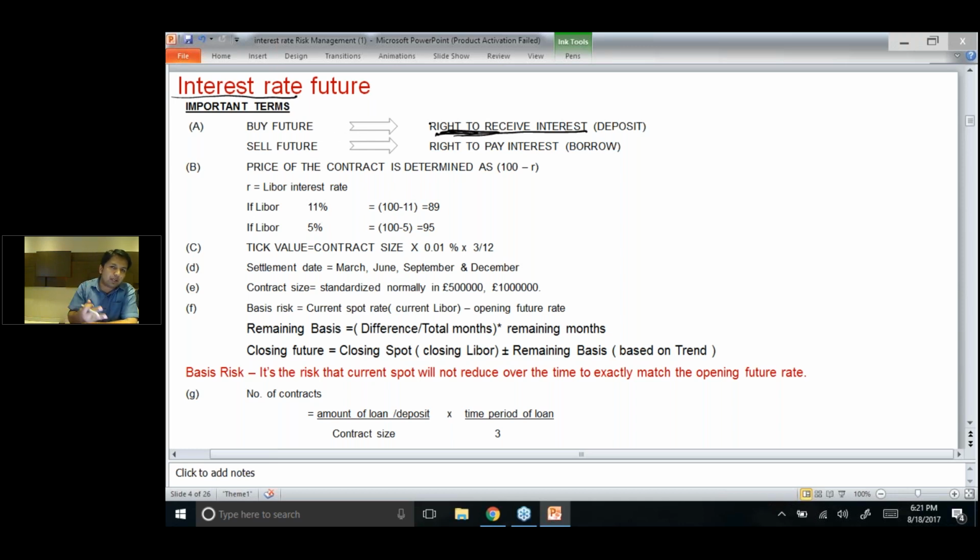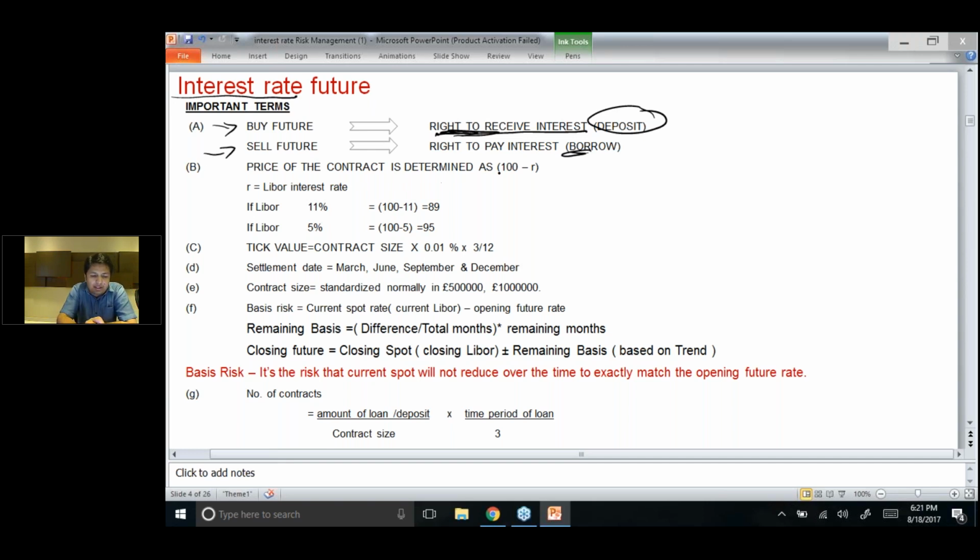If you want to pay interest, definitely you will be a borrower, sell future. So interest rate receiving direction, buy future. Interest rate paying direction, sell future. So in case of lender or depositor, you will always buy future, and in case of borrower, you will sell future.